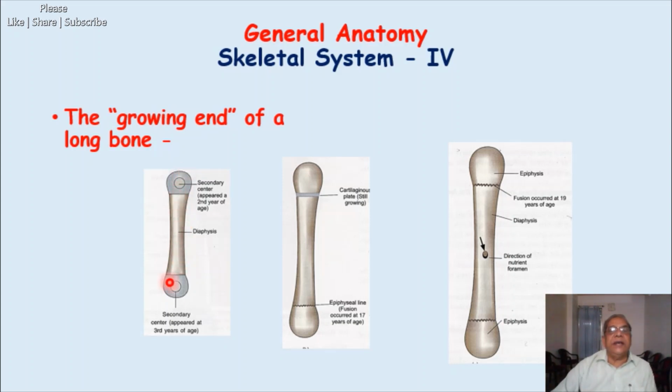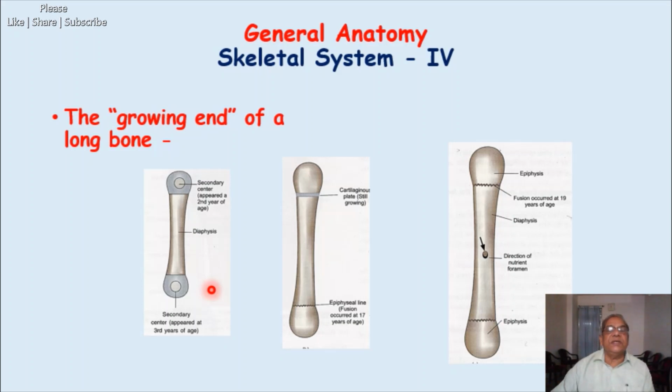Both the ends, to begin with, were cartilaginous when birth took place. After birth, a center appears here, say for example, at the upper end of the long bone, at the second year of age, when the child has completed 1 or 1.5 years. Then another center appears for the opposite end, say in the third or fourth year.